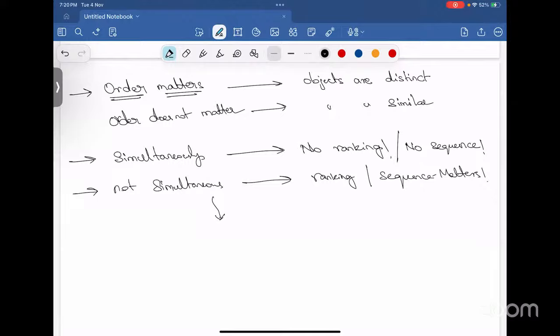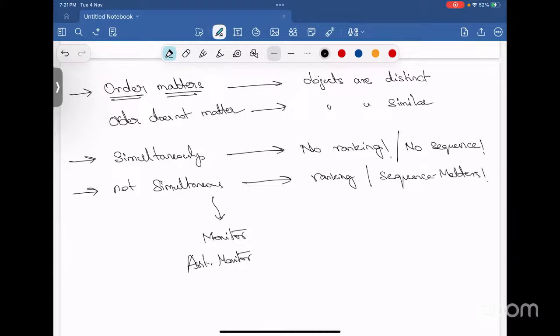So I have a monitor position and an assistant monitor position, where the monitor is superior to the assistant monitor. So there is some ranking between these positions, these selections. This is where events will not occur simultaneously.